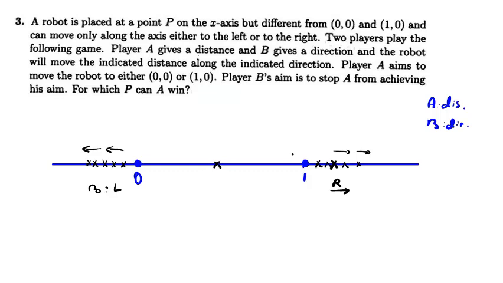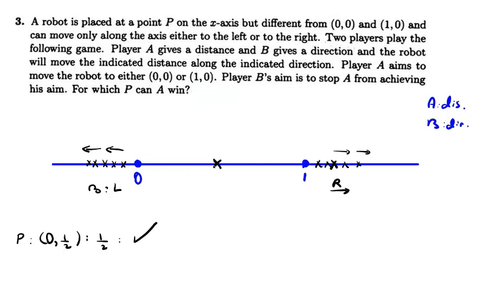So the midpoint is good, because if P is 1 over 2, then it is not important whether B says left or right, he wins. So it is the point where, after one step, finally he wins.